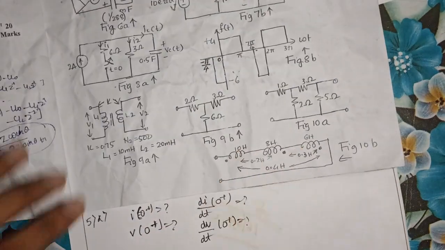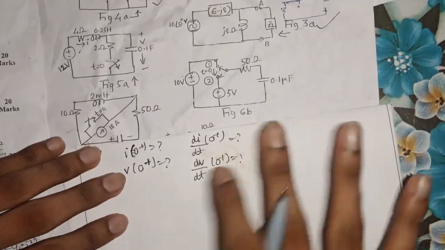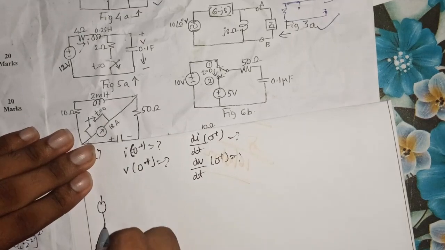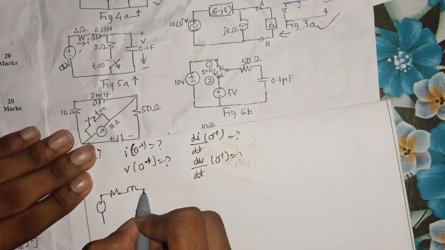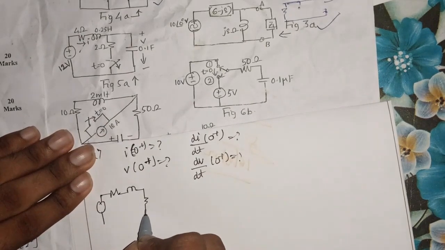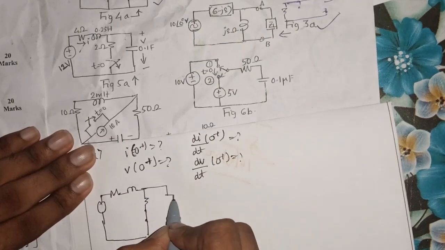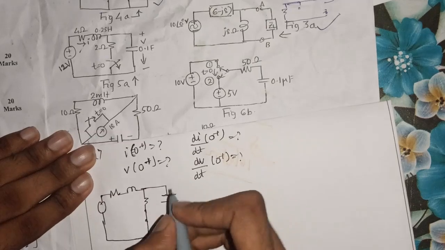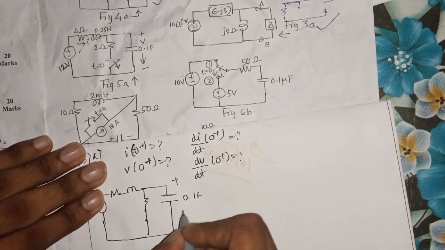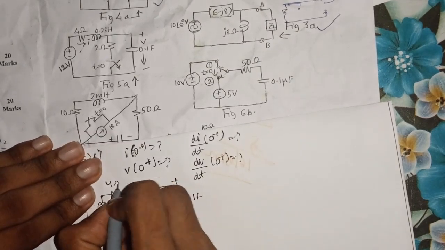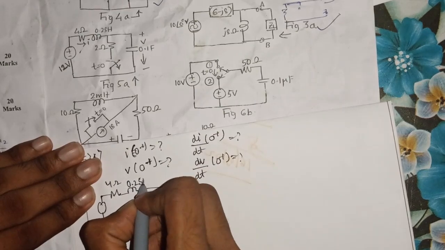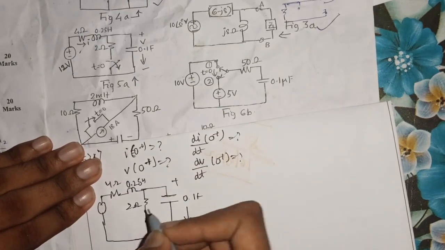So figure 5a is here. Initially, the problem statement is that the switch had been closed for a very long time. The capacitor is 0.1 farad, this is a 4 ohm resistance, and a 0.25 henry inductor, 2 ohm.